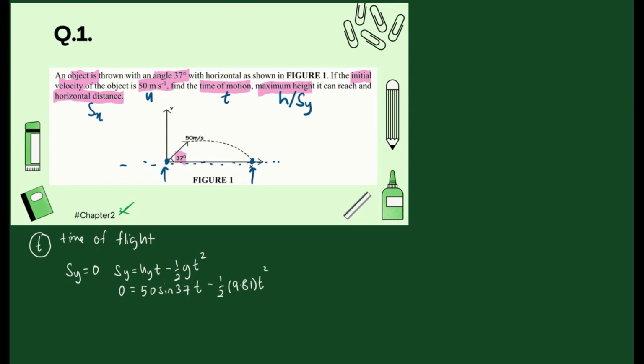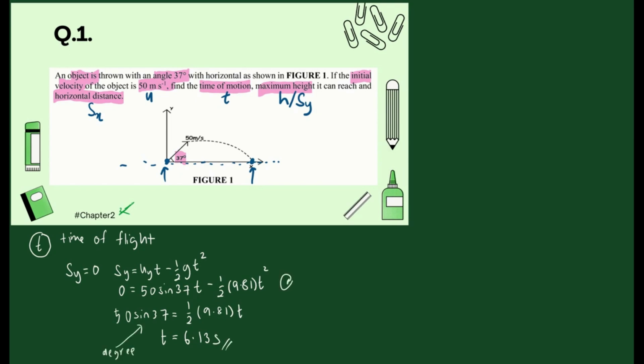So we are going to have 50 sine 37 equal to half 9.81 T. One of the T is cancelled out. Putting all the values in your calculator, you'll have your time of flight as 6.13 seconds. Make sure your calculator mode is in degree.